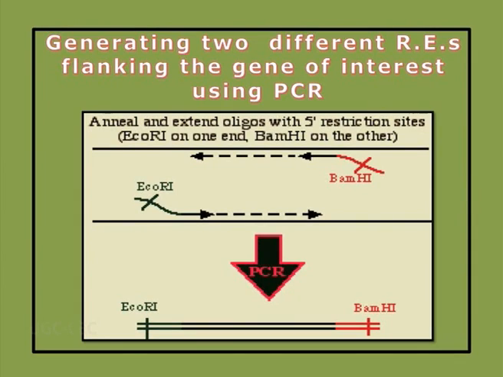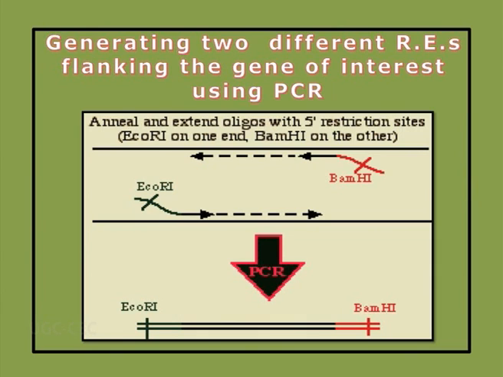The next challenge is, if you want to introduce certain new restriction endonuclease sites into your insert which are not available, then we can take help of PCR technology. In PCR technology, we introduce restriction endonuclease recognition sites by adding these sequences in the upstream region of the primer.